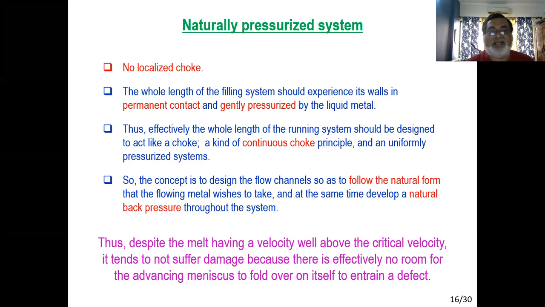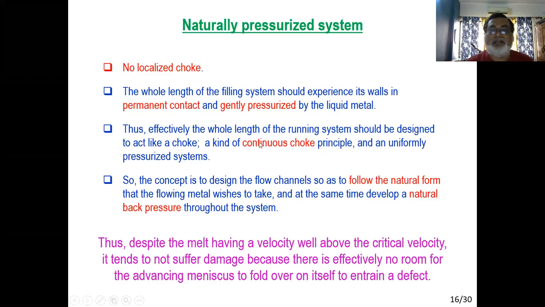For the unpressurized system, there is no choke at the sprue base. There is no choke at all. The whole running system will act as a choke because it is pressurizing the liquid metal all the way. So liquid metal is always in permanent contact with the walls, and it is gently pressurized by the liquid metal.